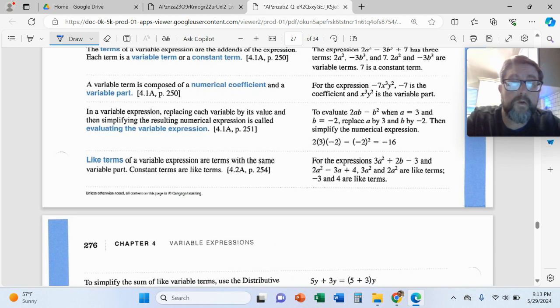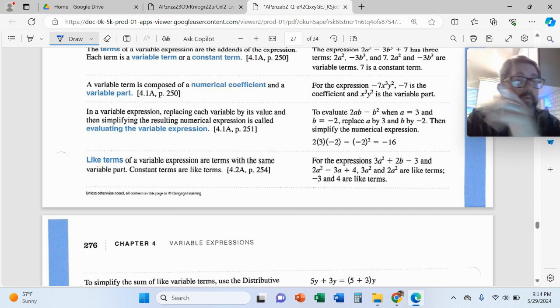A variable term is composed of a numerical coefficient and a variable. So you would have 7x, or x squared, y squared.